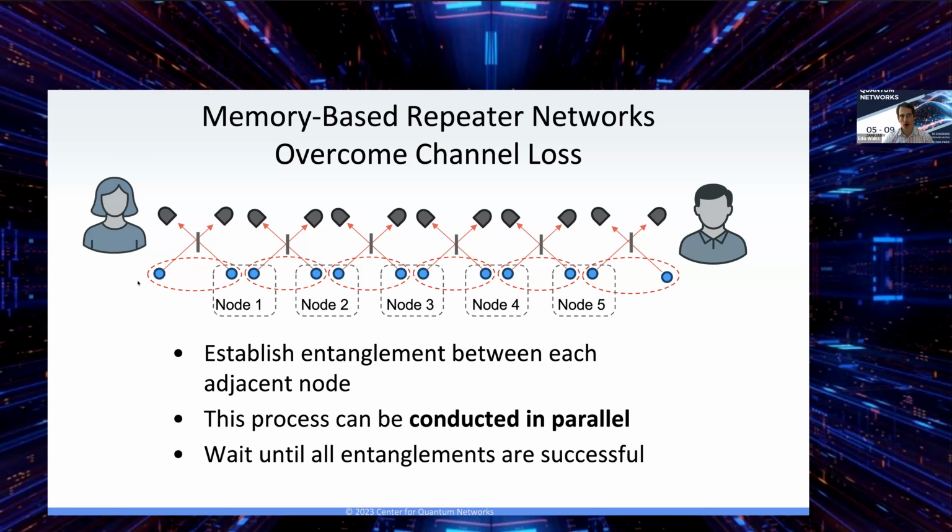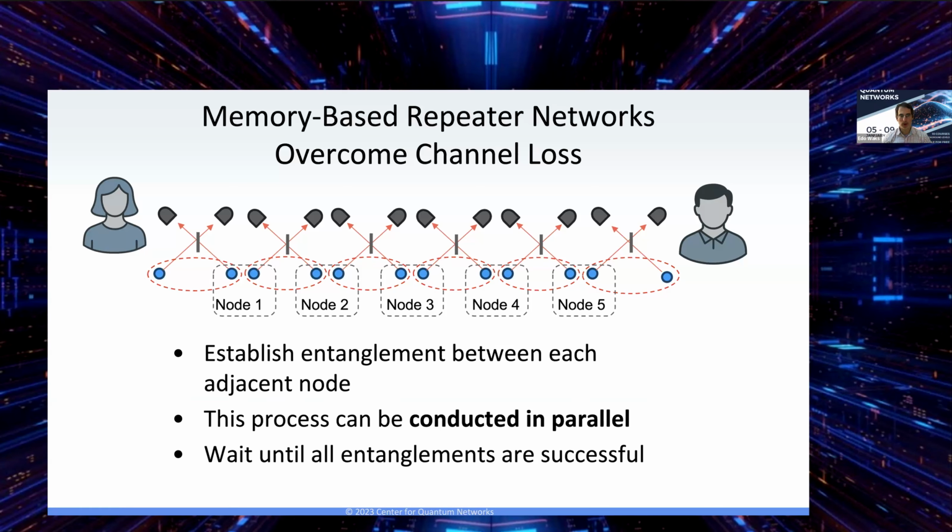And the nice thing is that all of these attempts between these two qubits and these two qubits and these two qubits can be done in parallel. They're completely independent. So all of the nodes in parallel are trying to establish entanglement between the node to the left and the node to the right. And every time a pair succeeds, they hold that entanglement and store it.